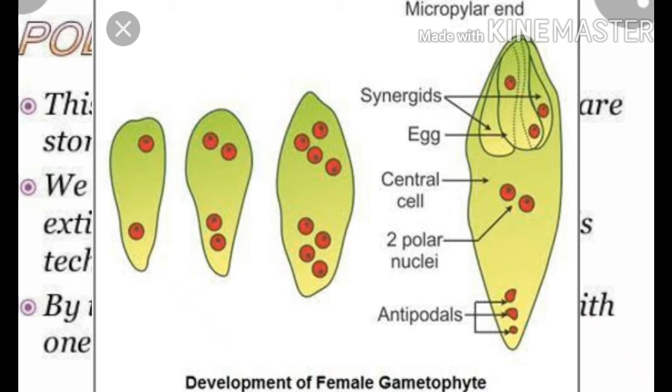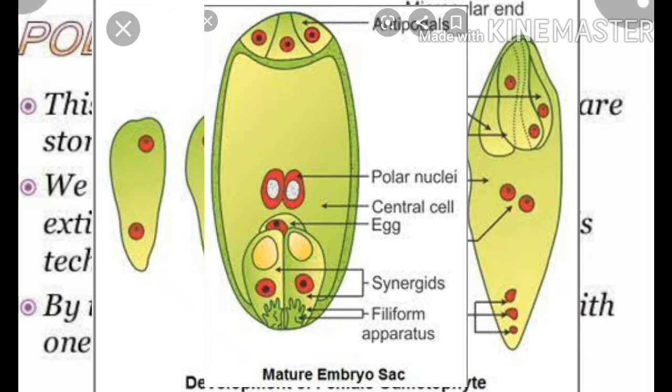The mature gametophyte or embryo sac thus has 2 polar nuclei, 3 antipodal cells, 1 egg and 2 synergids. Thus a typical angiosperm embryo sac at maturity, though 8 nucleated, is 7 celled.